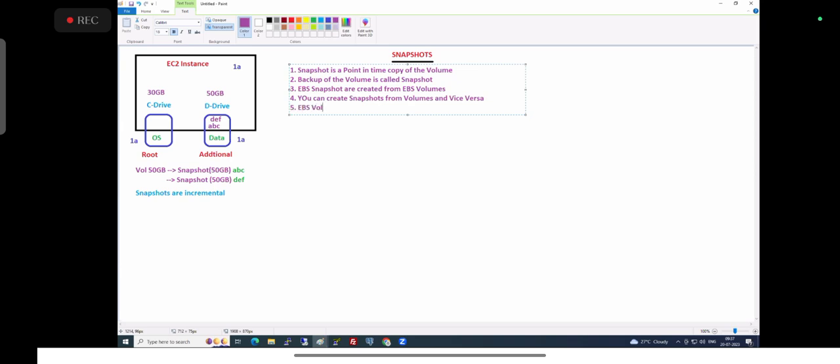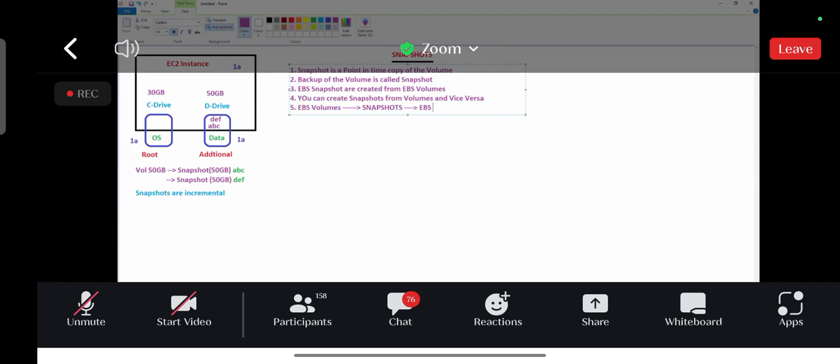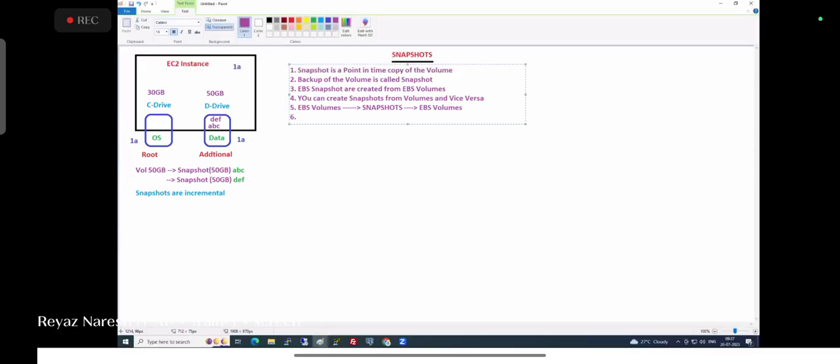So you have EBS volumes. From EBS volumes, what do you create? Snapshots. From snapshots again, what do you create? Again EBS volumes. Okay. Can you attach the snapshot directly to the EC2 instance? The answer is no.